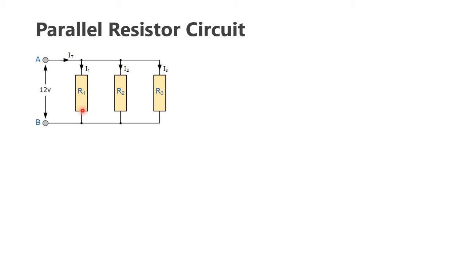In our previous series resistor network lecture video, we saw that the total resistance RT of the circuit was equal to the sum of all the individual resistors added together. For resistors in parallel, the equivalent circuit resistance RT is calculated differently.